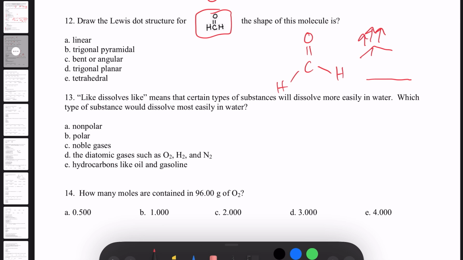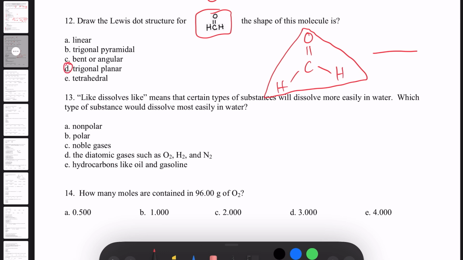This would be a different story if there was a shape like this or like this. But right now we're just looking at this really basic shape, and let's just remember trigonal, triangle, and we said it was planar. So the answer here is going to be trigonal planar.